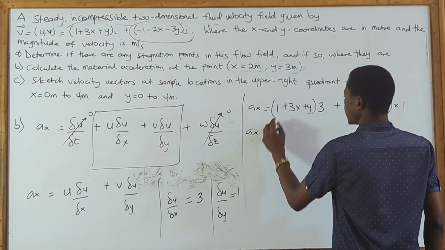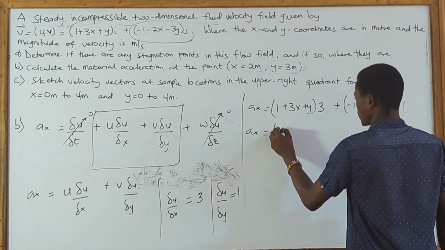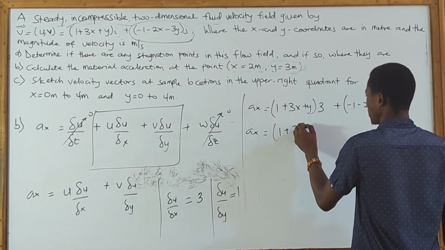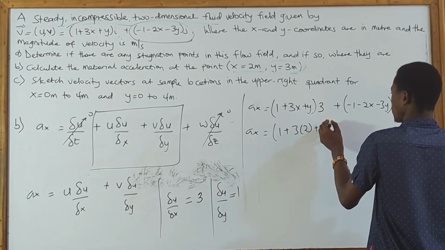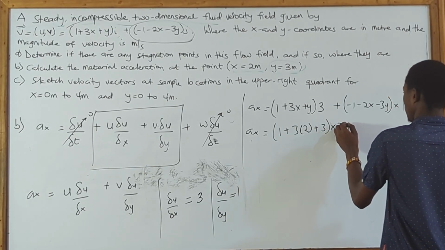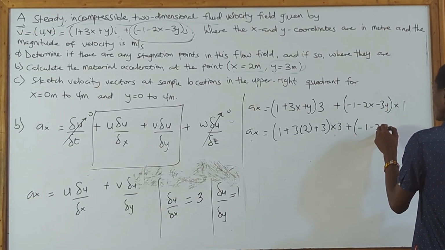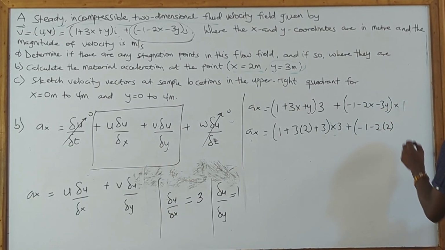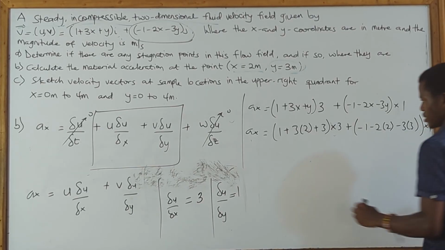So we put them into this equation: 1 plus 3 multiplied by 2 plus 3, all multiplied by 3, plus minus 1 minus 2 multiplied by 2 minus 3 multiplied by 3, all multiplied by 1.